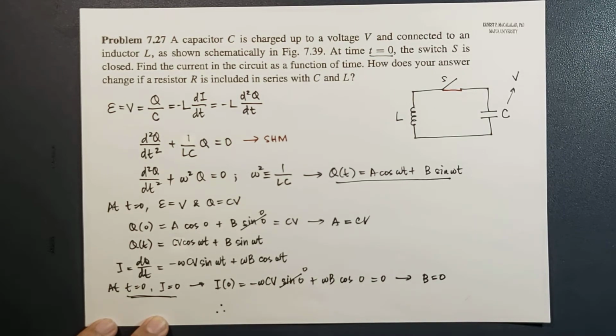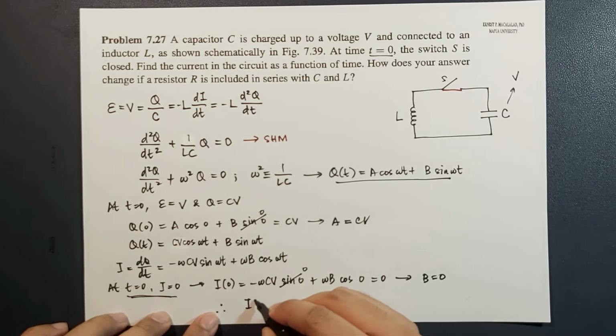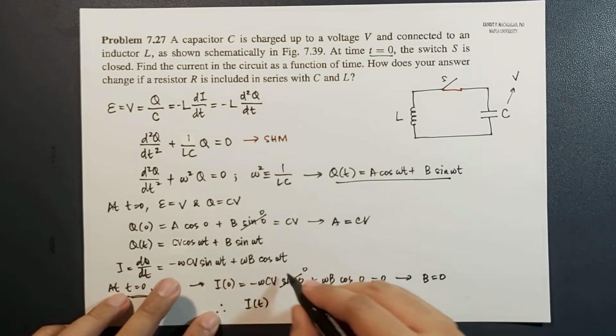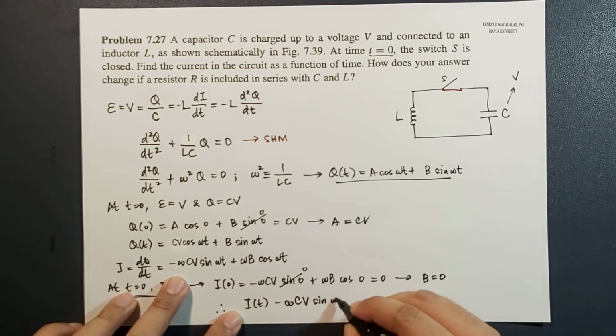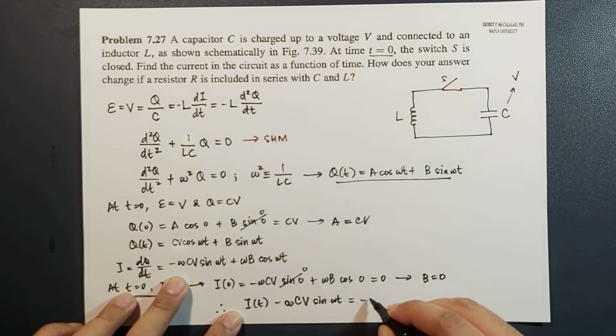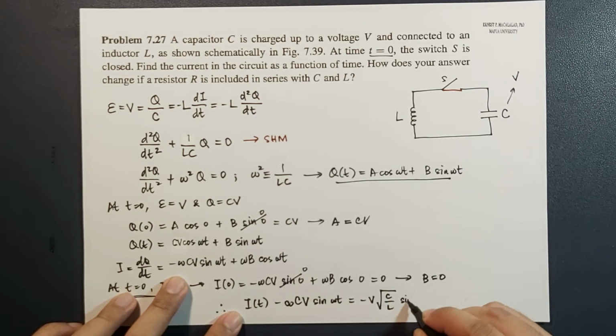Finally, the current as a function of time can now be written as negative omega CV sine omega t, or negative V times the square root of C over L times sine of t over the square root of LC.